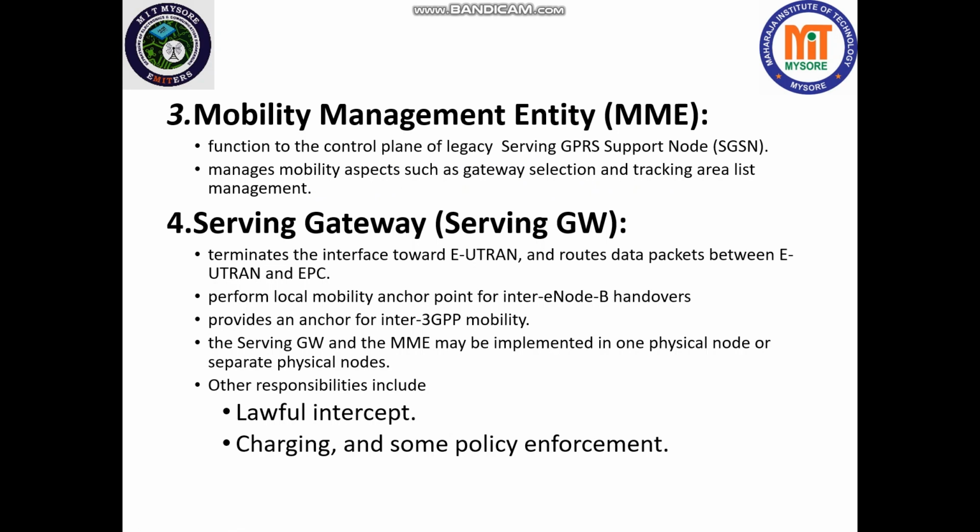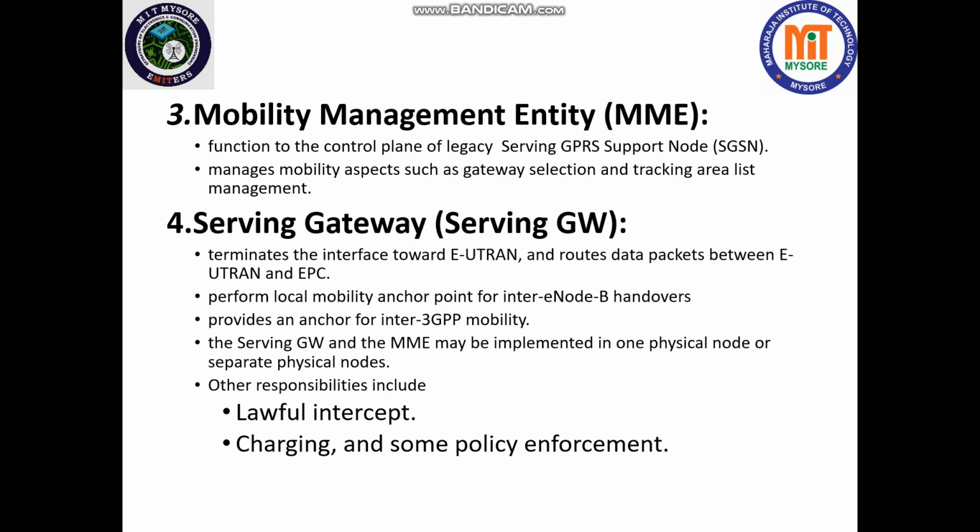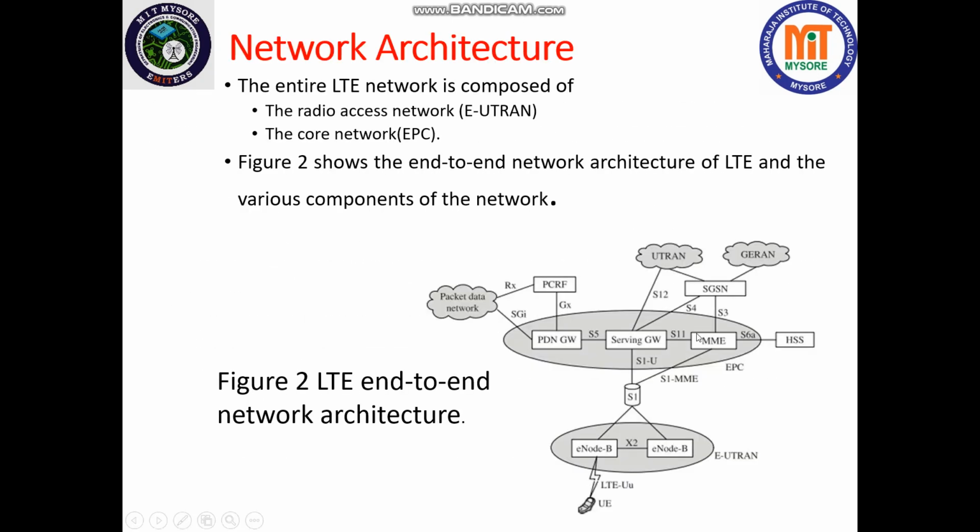Okay, and next one is serving gateway. Serving gateway terminates the interface towards EUTRAN and routes data packets between EUTRAN and EPC. Serving gateway, you can see it is taking all the information from EUTRAN and it routes the data to different network components.